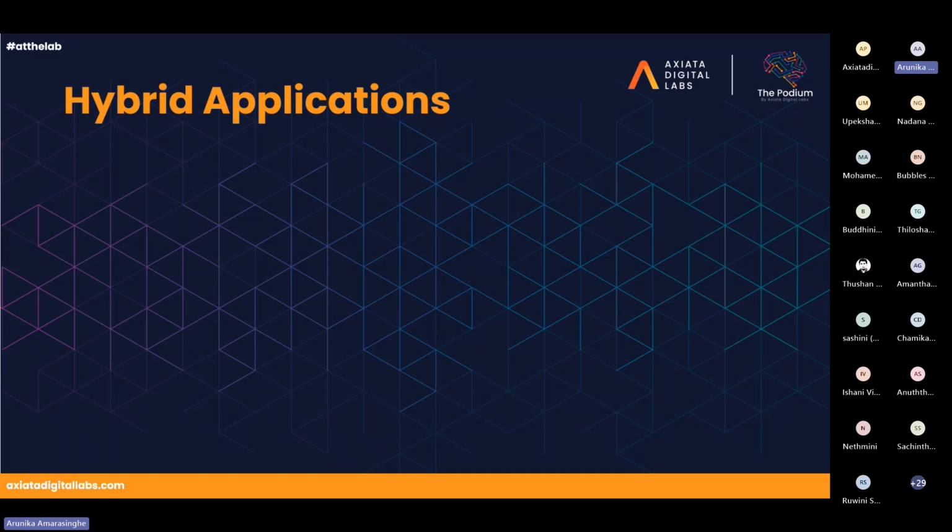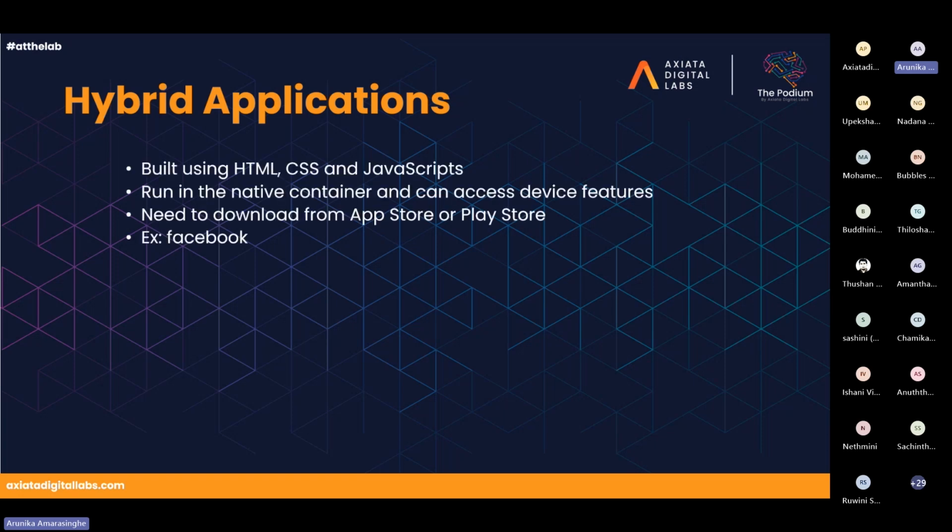Next is hybrid applications. As I explained earlier, hybrid applications are combinations of web and native applications. Native applications can access the device features, whereas web applications cannot. But hybrid applications can access device features like your camera and contact list.